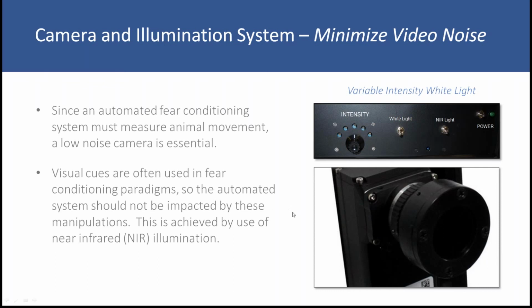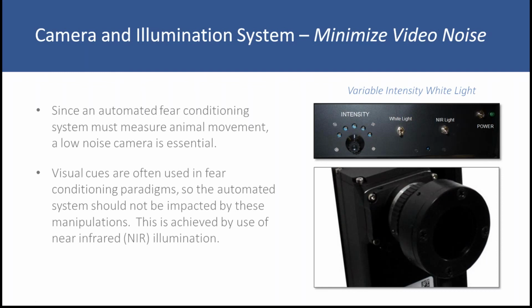In the MedAssociates video freeze system, we actually achieve that by using near-infrared lights, and that was an important innovation that we brought forth when we introduced our video freeze system. We use a filter that blocks visible light, so you can turn visible lights up to maximal or any one of 5 different intensities, or you can flash lights on and off as part of the training session.